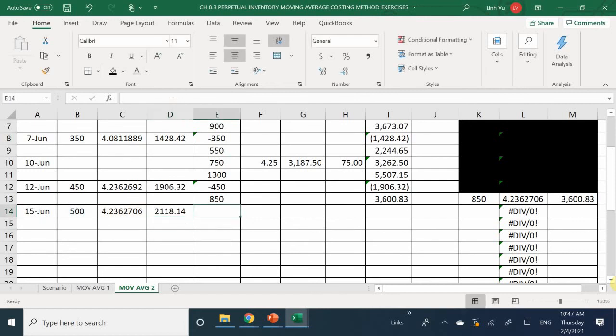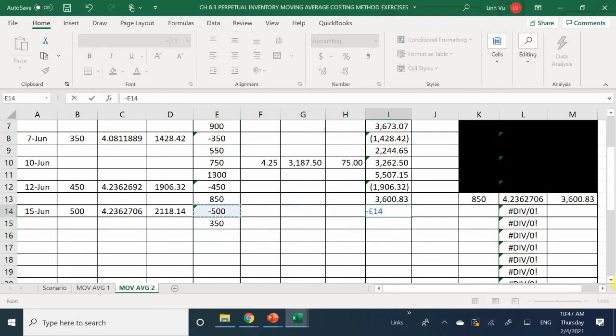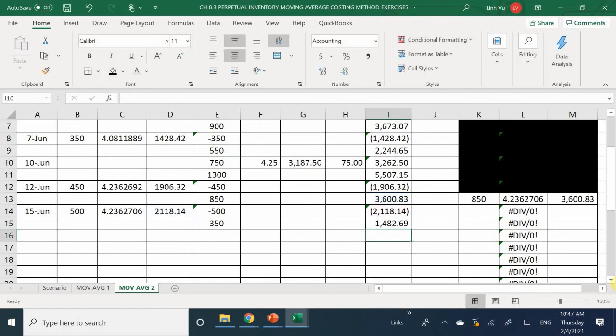Okay, I rounded up, so it should be 2,118.14. So again, if I am going to eliminate 500 from my 850, I should have a remainder of 350. And if I subtract the 2,118.14, I should get a new total balance of 1,482.69.